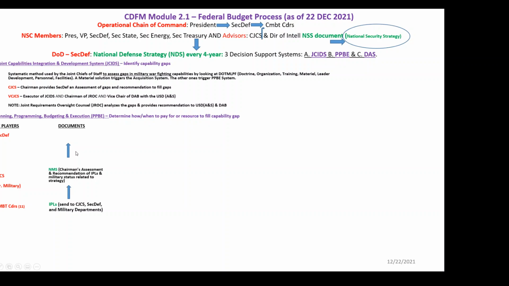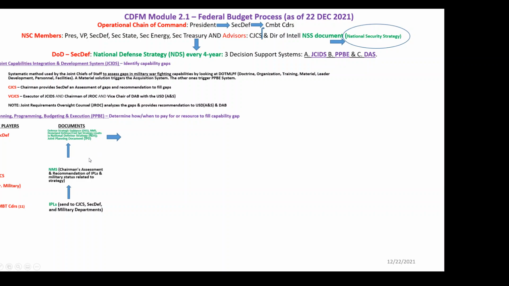And then it allows the SecDef to provide policy guidance, defense strategic guidance, national military strategy, homeland defense. These are all the things that I listed here in this national defense strategy. So it provides a joint planning document. It shows you how all your military assets can work together to provide the military support necessary in the DoD's national defense strategy.